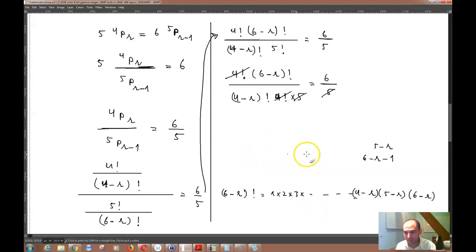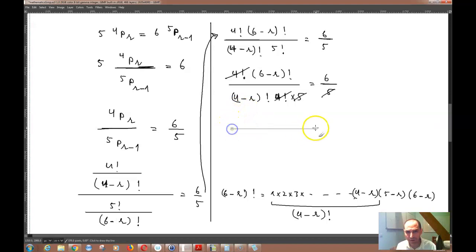So that is basically about 6 minus r factorial, and you have 4 minus r factorial here. Now this part over here, you can write it as 4 minus r factorial. So the numerator, I don't have to do anything about it, 6 minus r factorial.